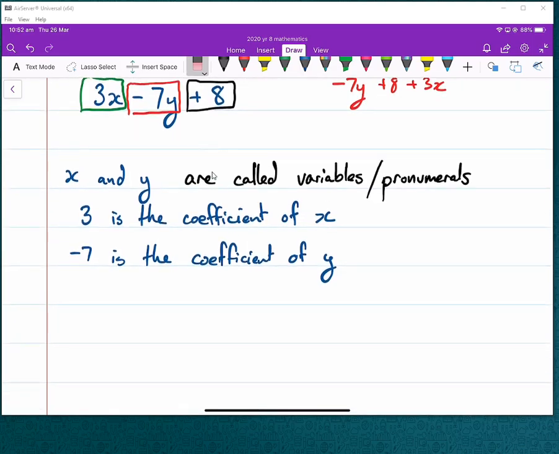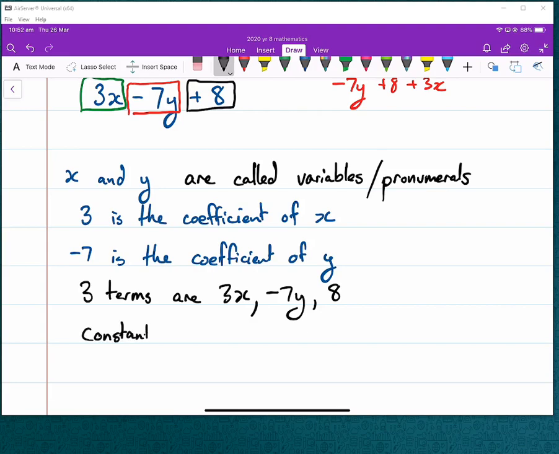So I just want you to recognize that there are 3 terms. The 3 terms are 3x, negative 7y, and 8. And there is a constant term. The constant term is 8.